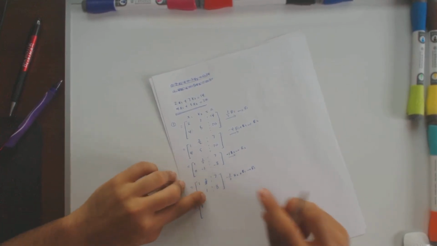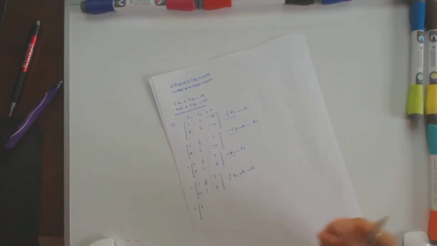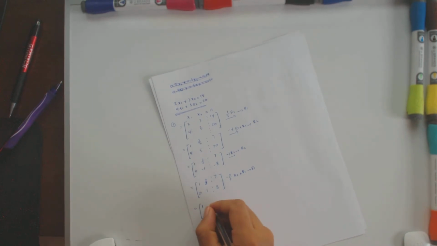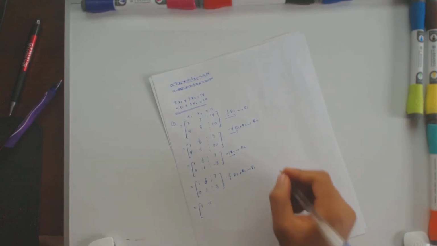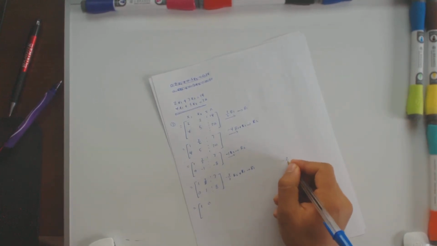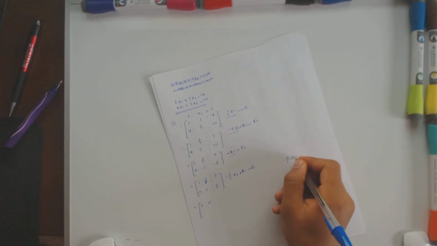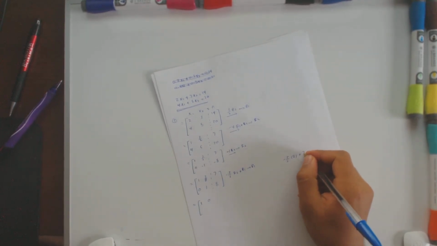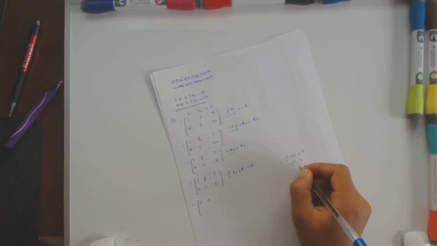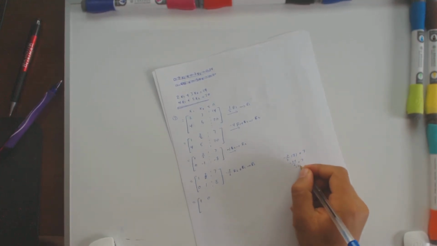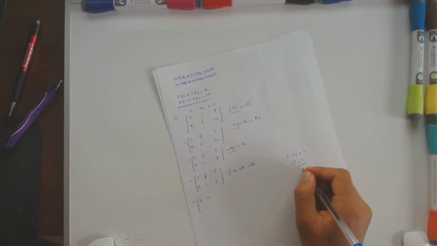Negative 3 halves times 1 is negative 3 halves, plus 3 halves gives us 0. And negative 3 halves times 8 is negative 3 times 8, which is negative 24, divided by 2, plus 7. Negative 12 plus 7 is negative 5.